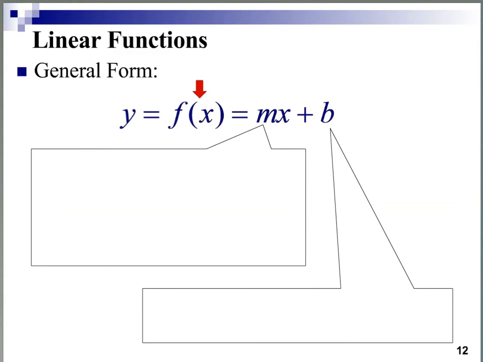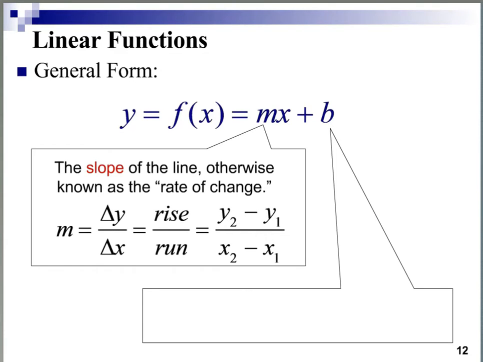A linear function has this general form: y is equal to mx plus b. The first piece we want to look at is the m. The slope of the line is denoted by the letter m, and there are different ways that people think about this. One way is to think of it as the change in y over the change in x. How far up do you go in the y direction when you move a certain distance in the x direction?